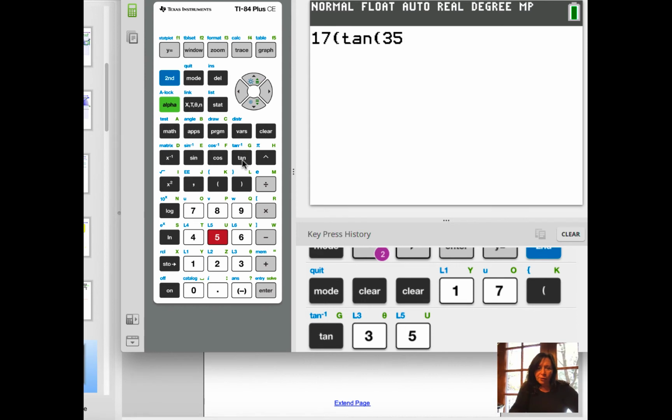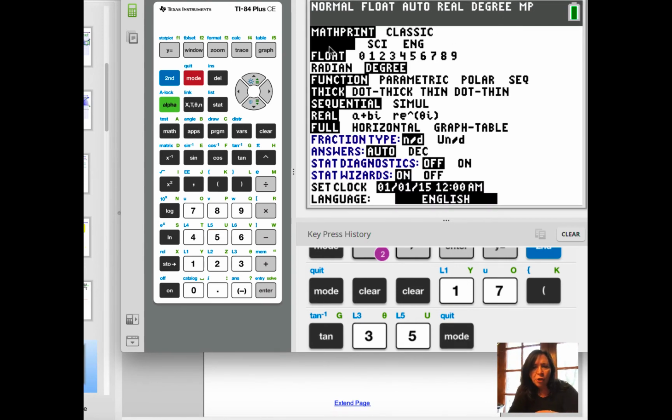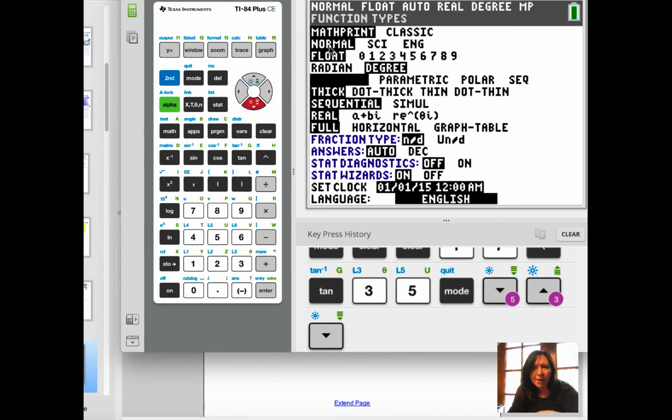Mine is in degrees, but if yours says something other than degrees, let's say radians, go to the mode button and click on that, then scroll up or down with your arrow keys until you get to radian or degrees.